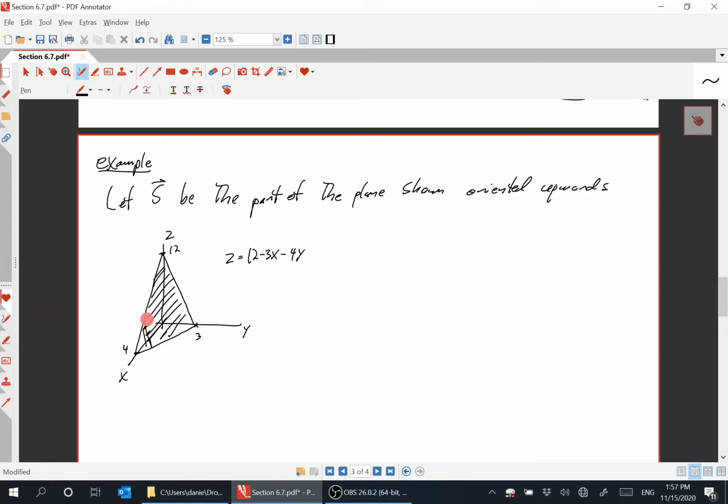And we're going to orient the guy upwards. And let C be the boundary curve of this. So C is this boundary of the triangle oriented according to the right-hand rule, like that.